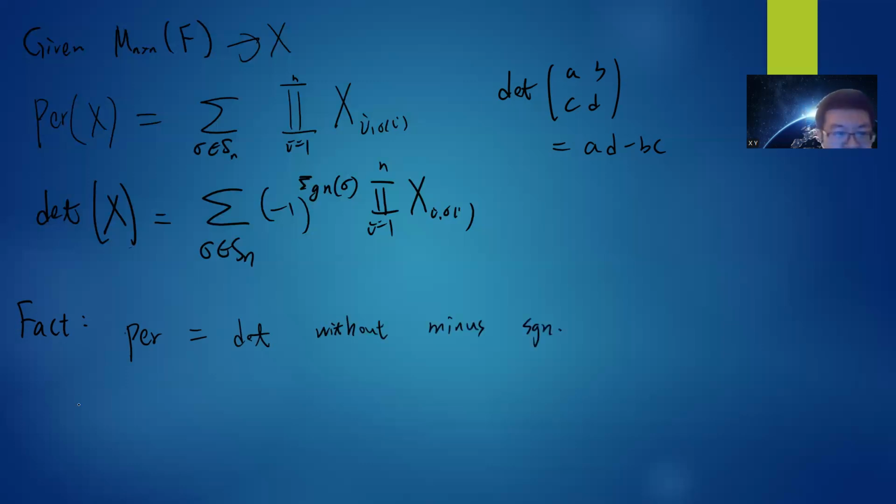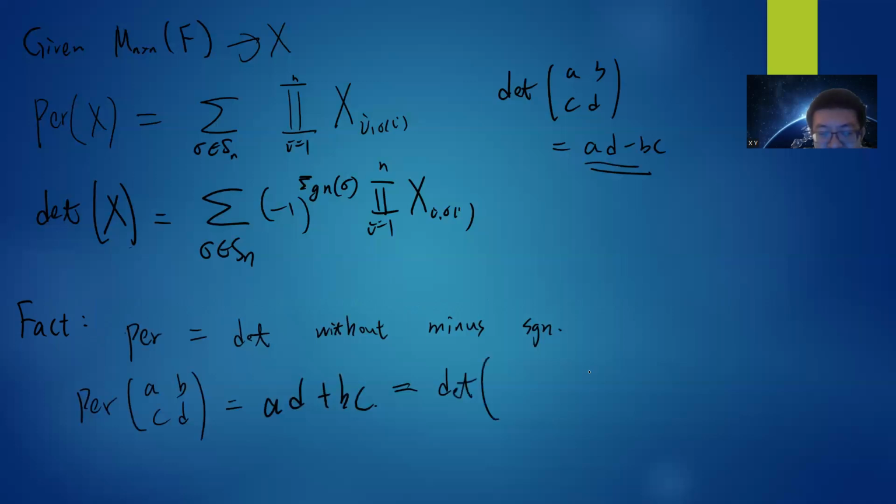For example, the permanent of [A, B; C, D] will be the exact same expression but without the minus sign, so it's AD plus BC. Obviously the determinant is AD minus BC. Sorry, I said that incorrectly before, but this is the permanence.